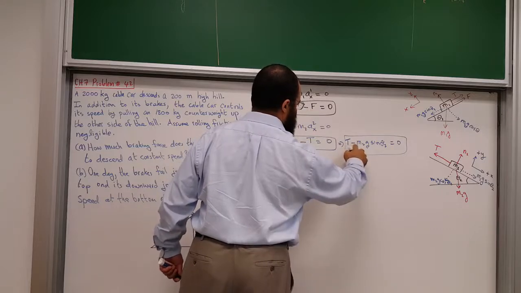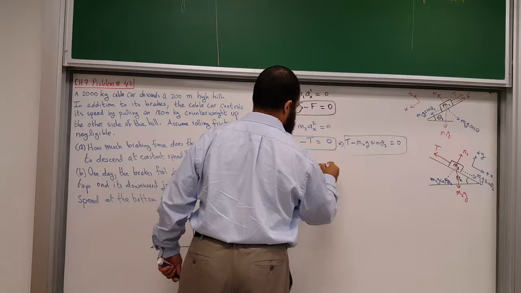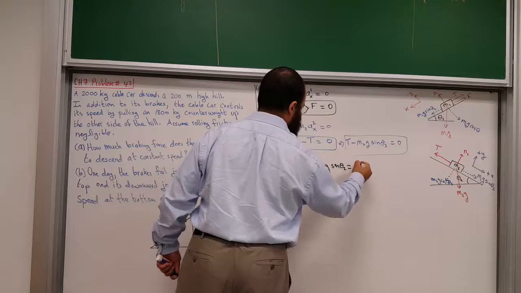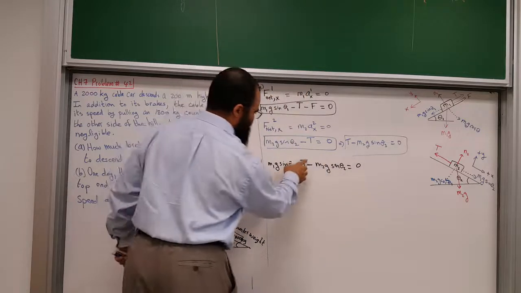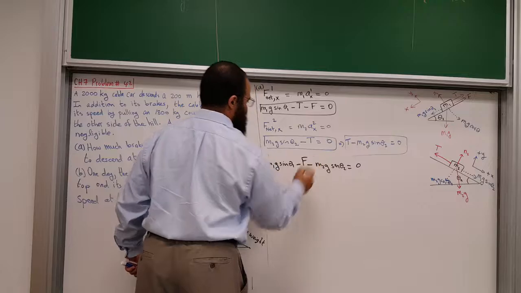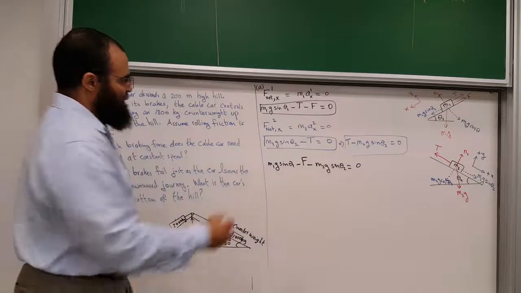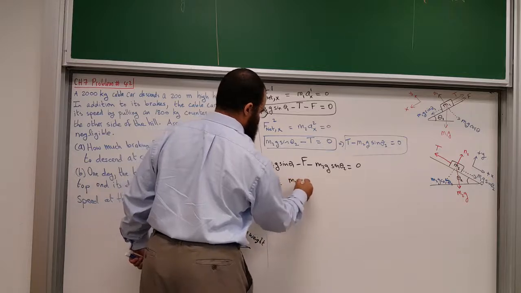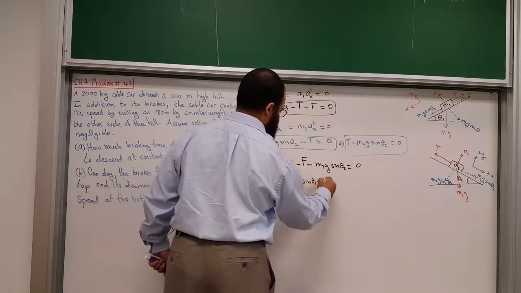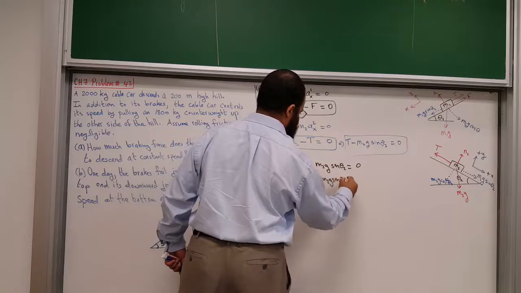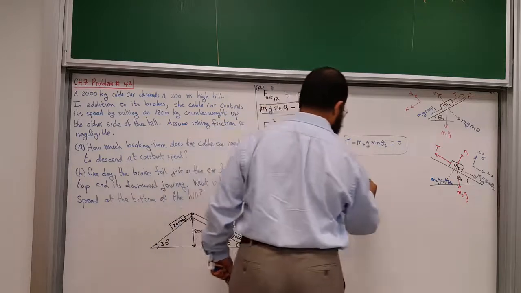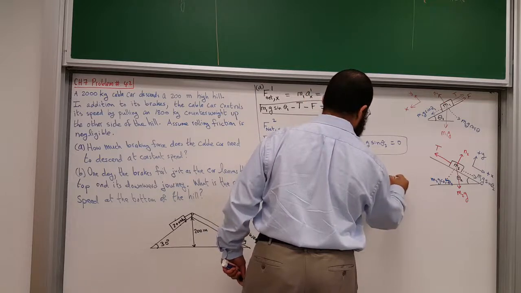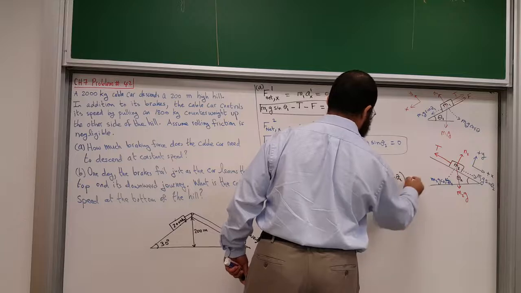And then I'm adding, so plus negative m2g sine theta 2. On the right hand side, 0 plus 0 is 0. What am I talking about? This is F, not T. Move the F to the other side, so you get F equals m1g sine theta 1 minus m2g sine theta 2. Factor the g out. So you would have F equals m1 sine theta 1 minus m2 sine theta 2, times gravity.